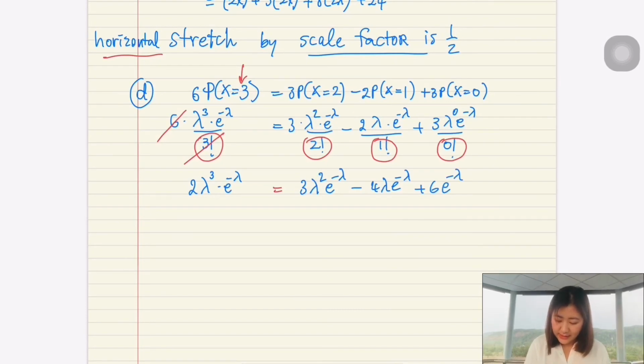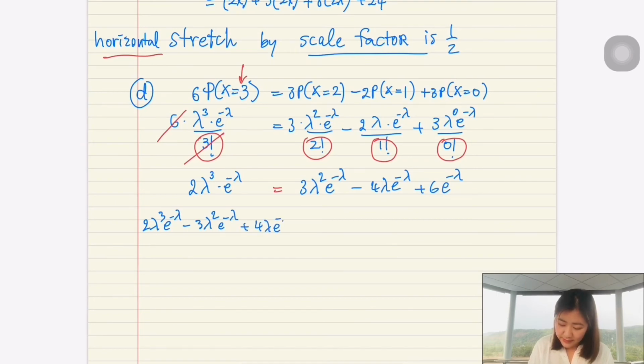All right, and then may I move everything to the left hand side? Okay, so once we move it, we're gonna get 2 lambda cube e minus lambda minus 3 lambda square e minus lambda plus 4 lambda e minus lambda, and then minus 6 e to minus lambda equals 0.